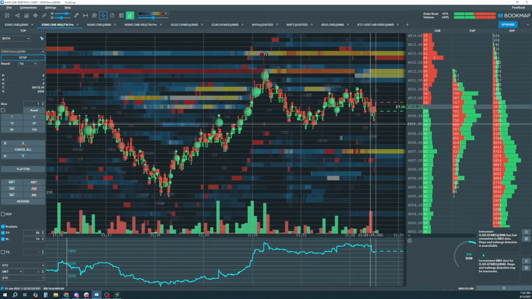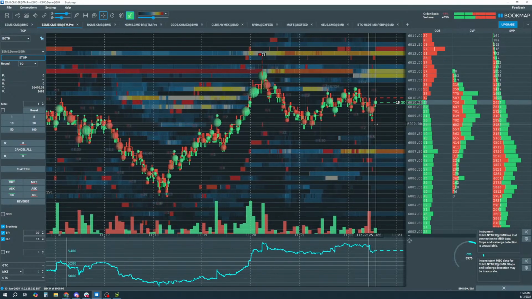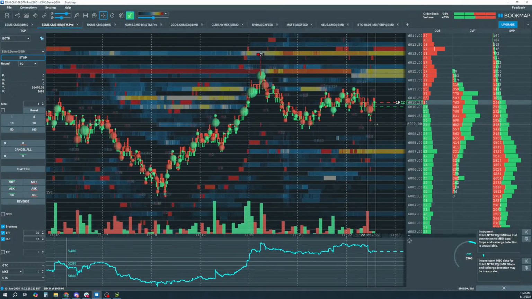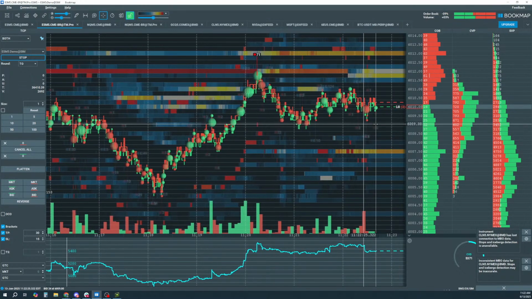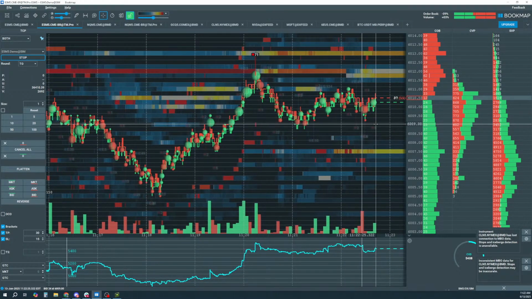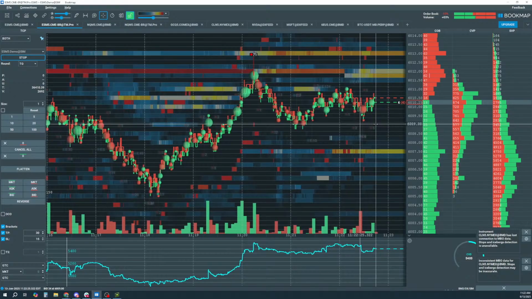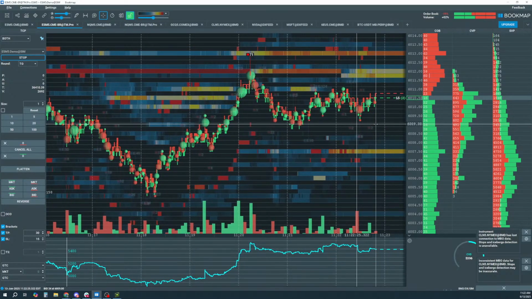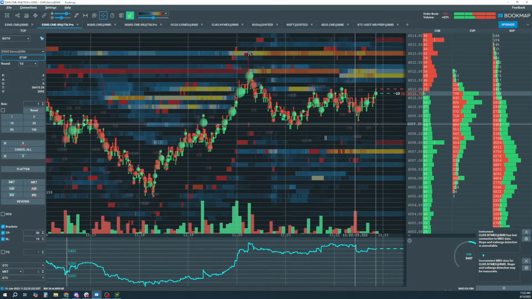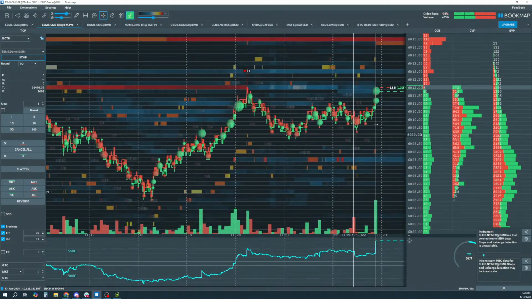It's just not your day. So that's why I think it's very important to go through your setup, back test it, know it extremely well, and build that confidence.